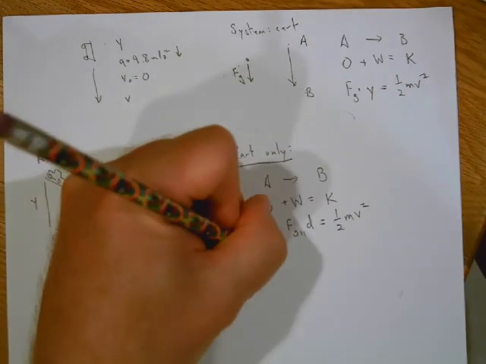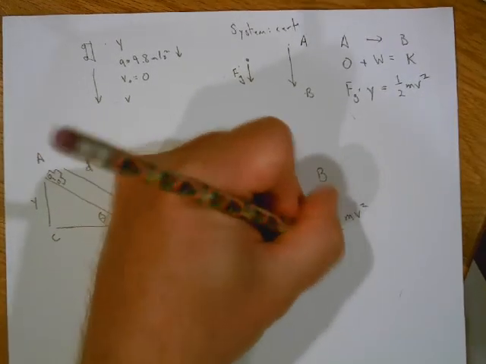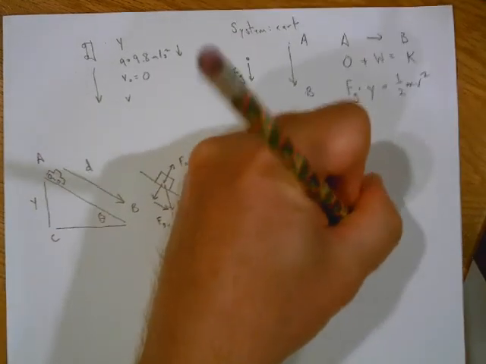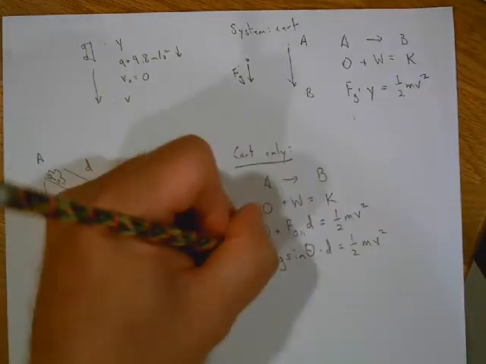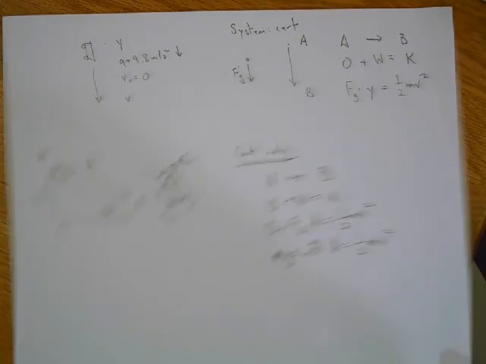Hopefully you've done this enough now where you know FG parallel is going to be mg sine theta. So mg sine theta times d equals 1/2 mv squared, and you can cancel out your m's and solve for v.